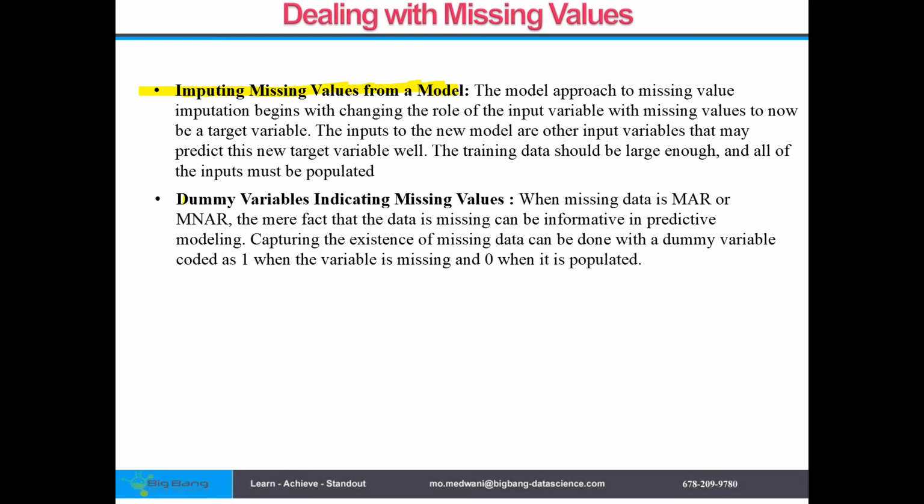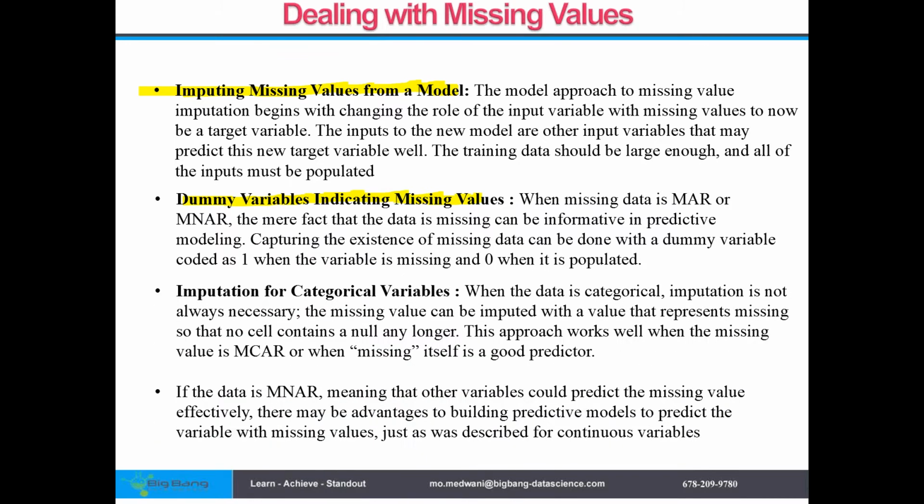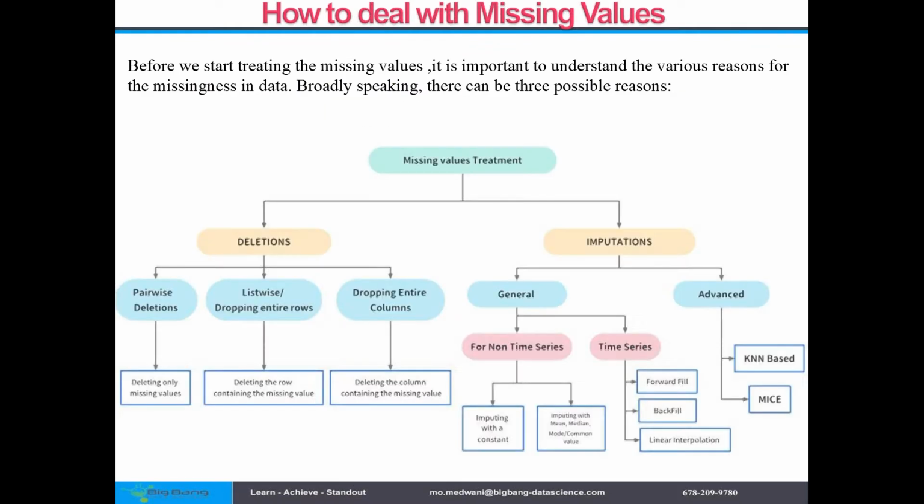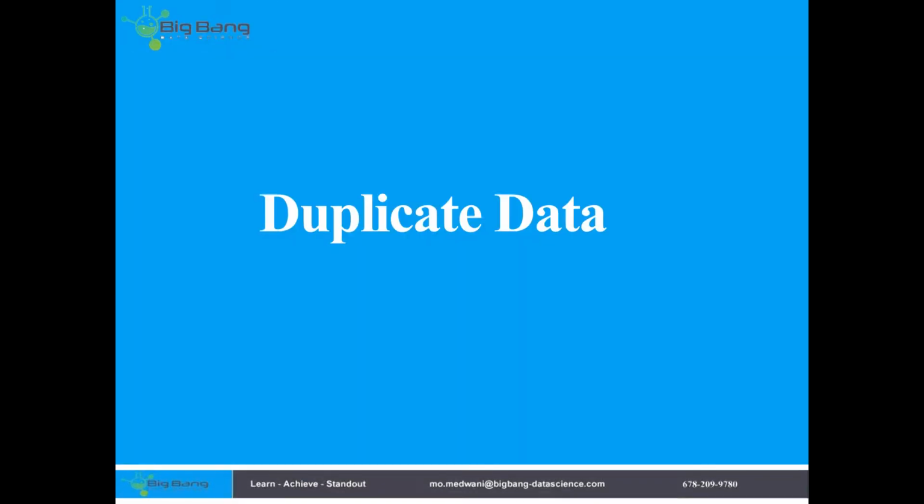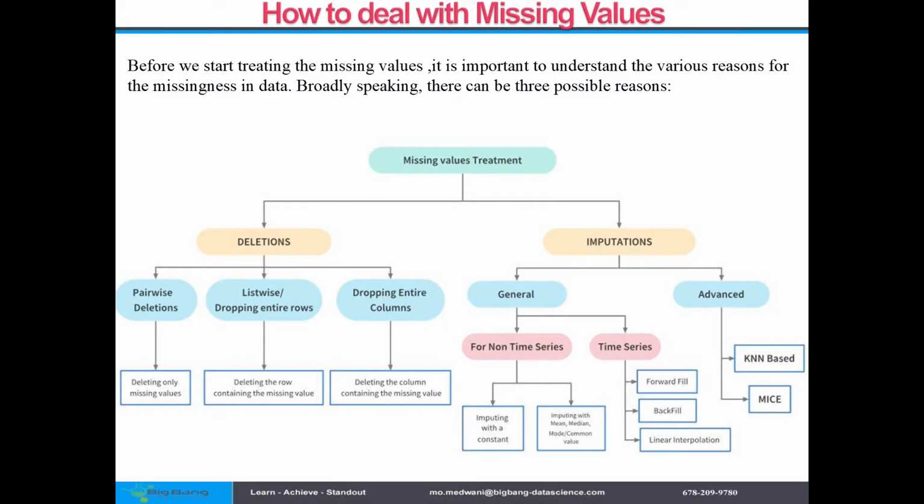Or creating dummy variables for the categorical data if you have missing values in categorical data. Imputation for categorical data using the mode, etc. So these are a few techniques or options that we have to handle missing values, if any.